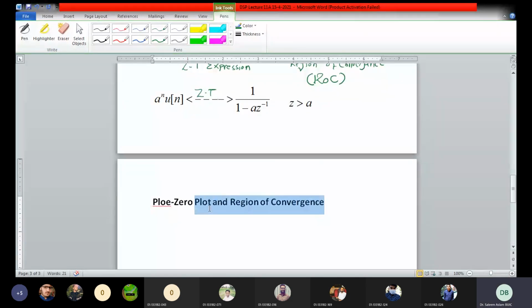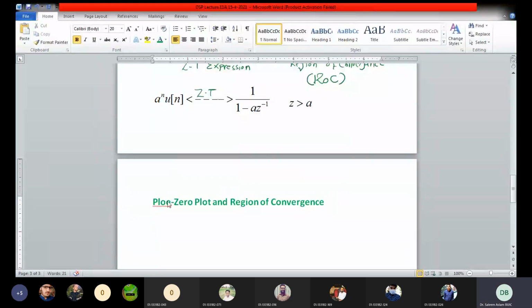Right? So the pole-zero plot. We know that 1 minus a z inverse is equal to 0.